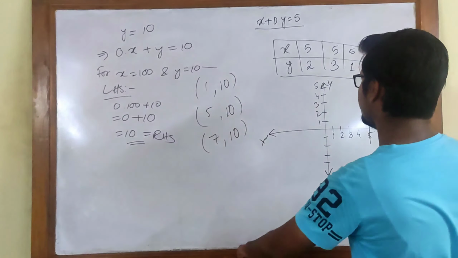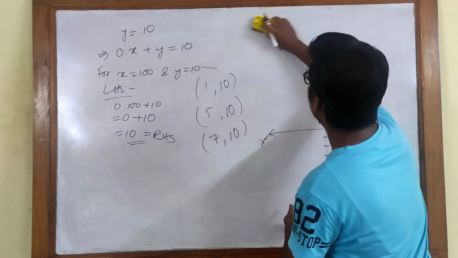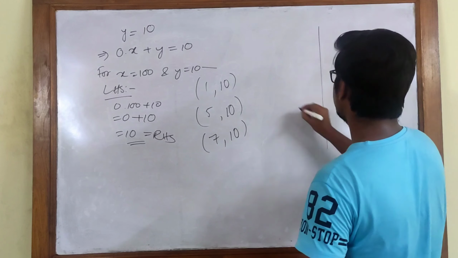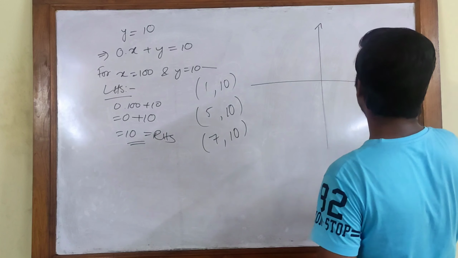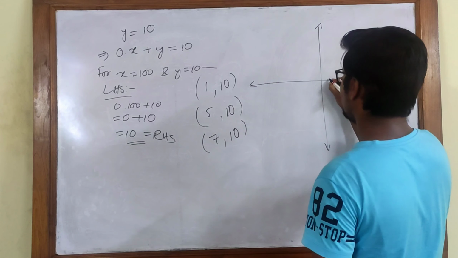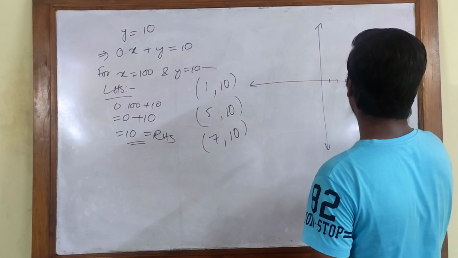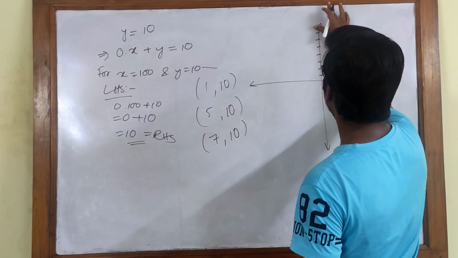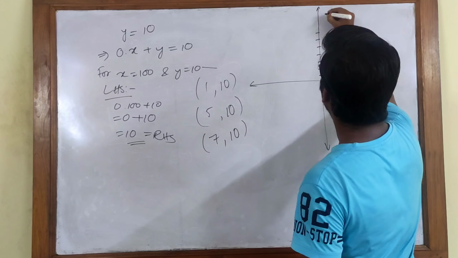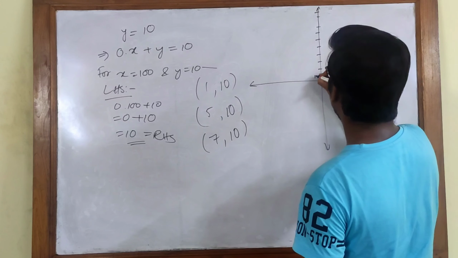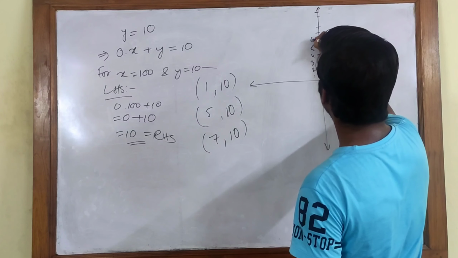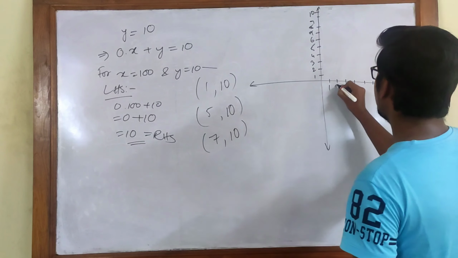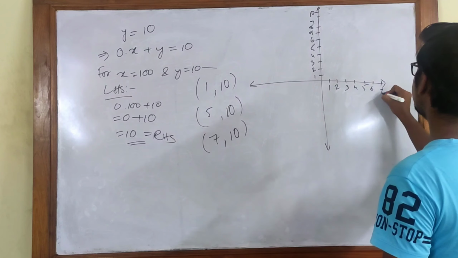Now let us try to plot this one in the graph. Here we have 1, 2, 3, 4, 5, 6 and 7.